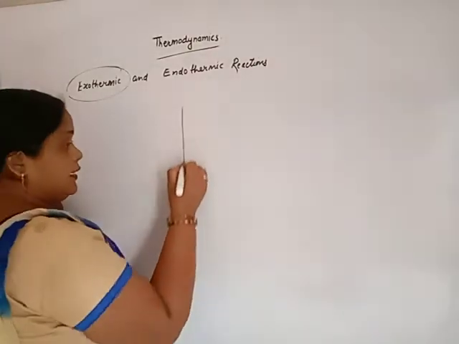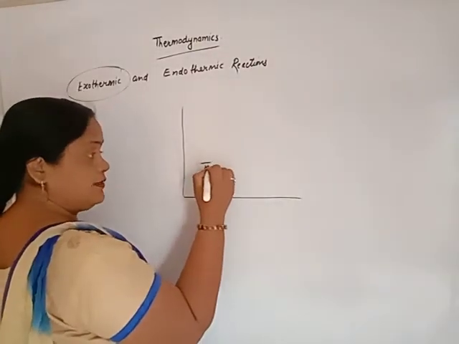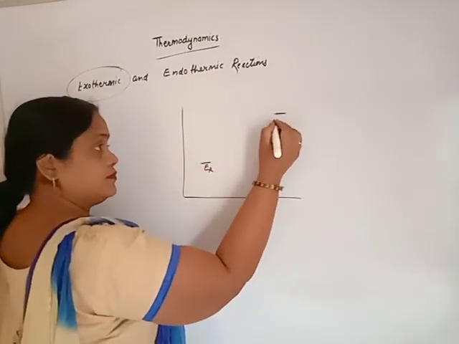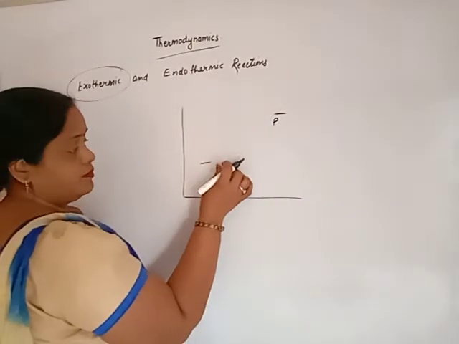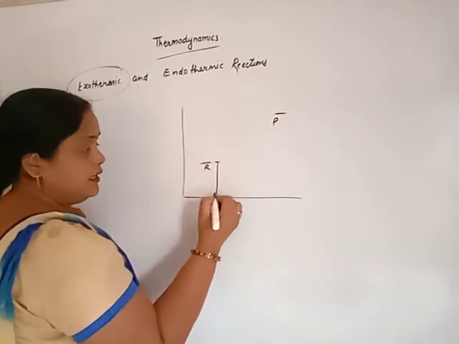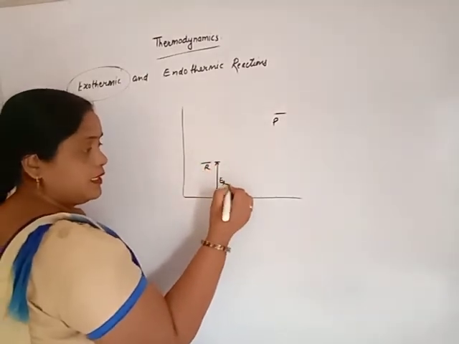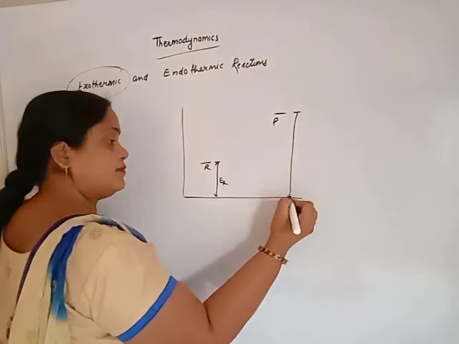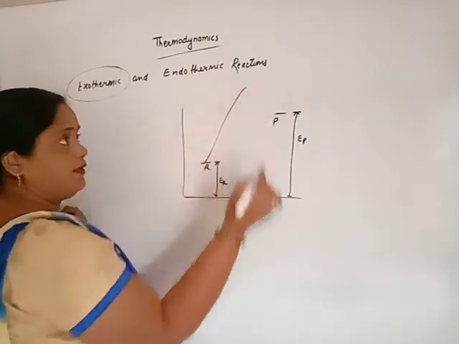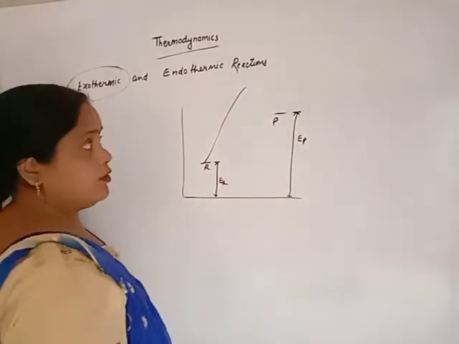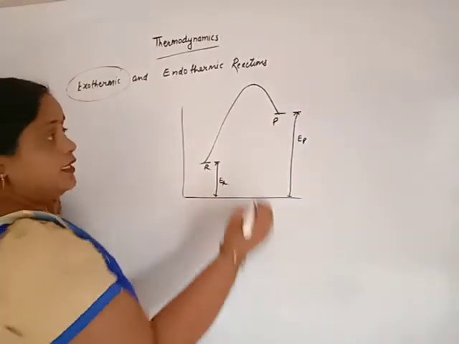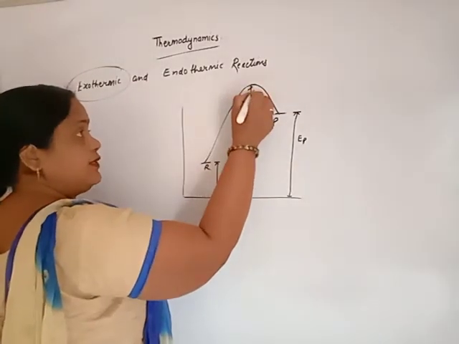If you draw the graph, the energy of reactant is less and the energy of product is greater. This is the reactant, this is the product. This is the amount of energy for reactant. It is the energy of product. What will happen? Reactant absorbs some energy, an activated complex is formed. This activated complex immediately forms the product. This much amount of energy is the activation energy.